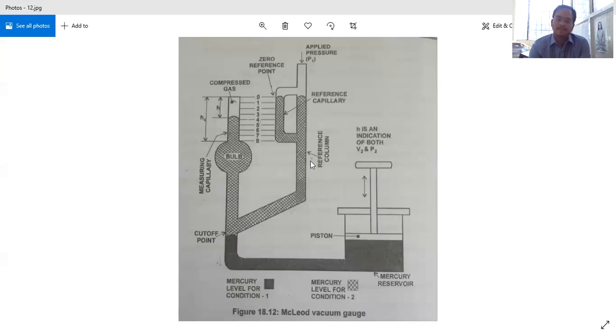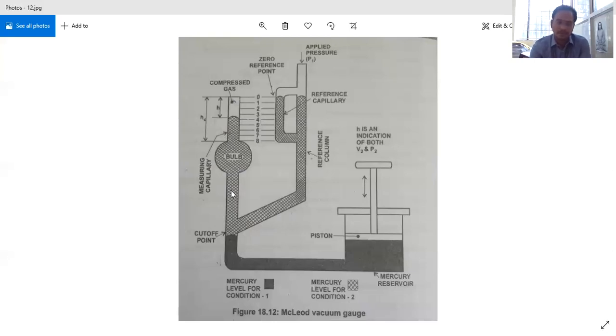Now, we should expose this to the measurand, where the pressurized substance or fluid, which can be a gas, will enter through this reference column, this reference capillary, and it will also enter into the first limb, which is the measuring capillary. So we allow the fluid to enter into this capillary also.